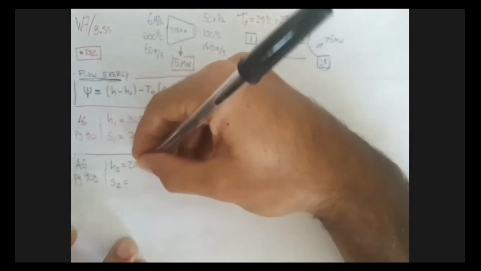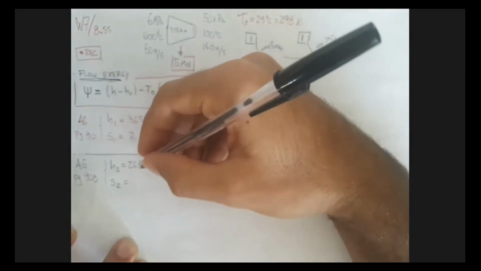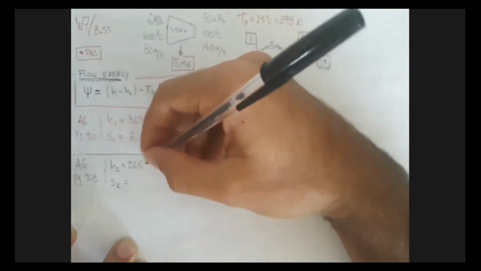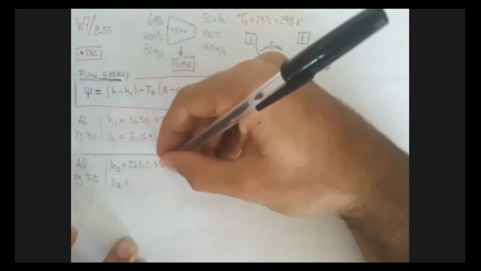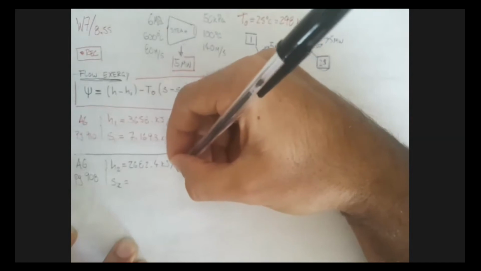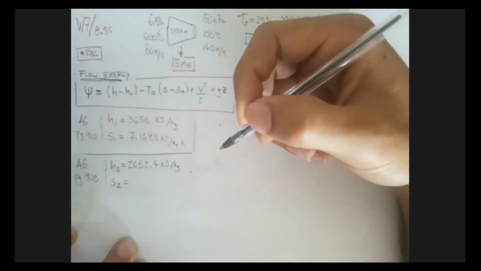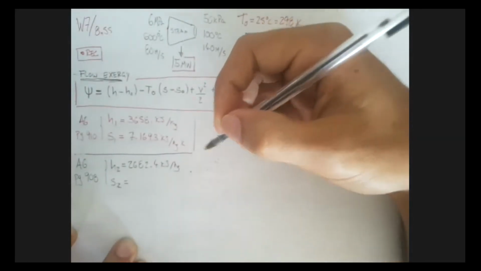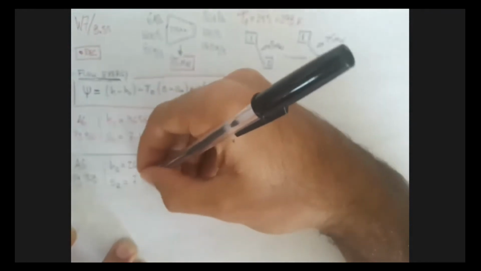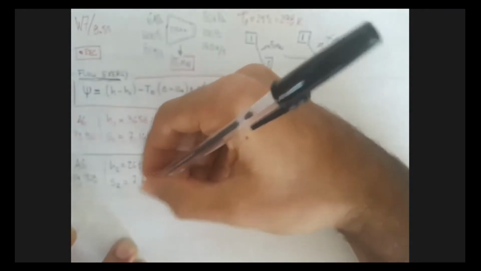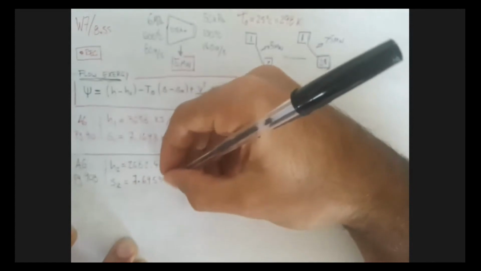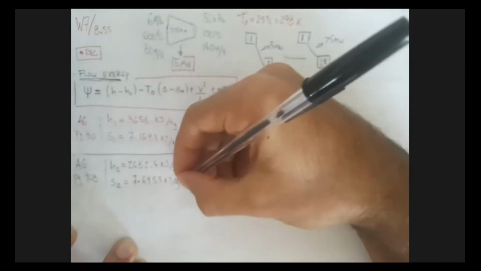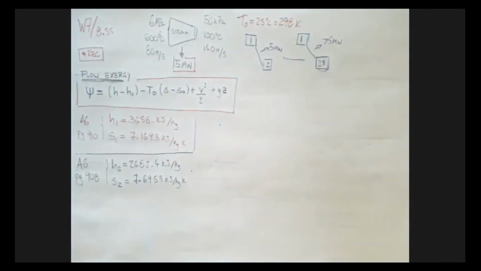Enthalpy 2682.4 kilojoules per kilogram, and entropy 7.6953. Okay, we have our properties. We're good to start doing some math.